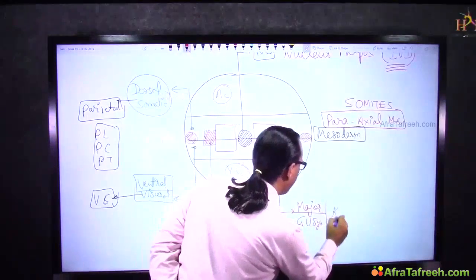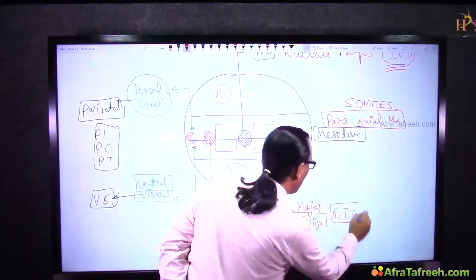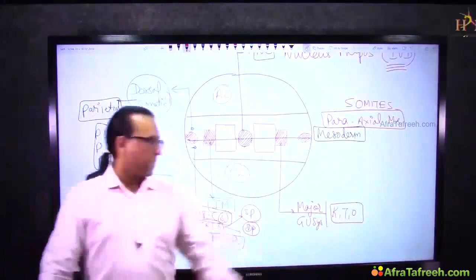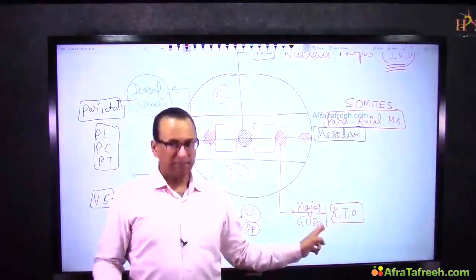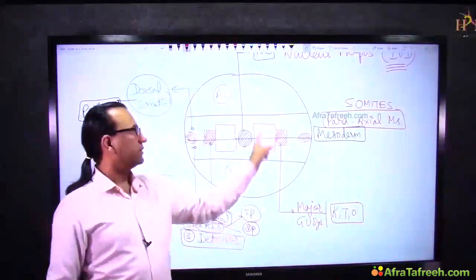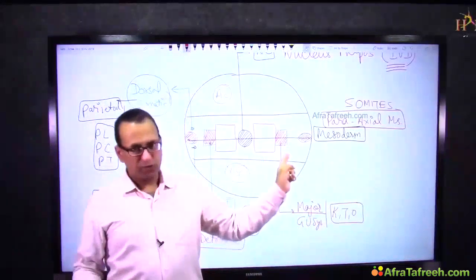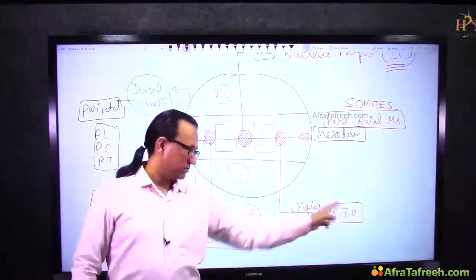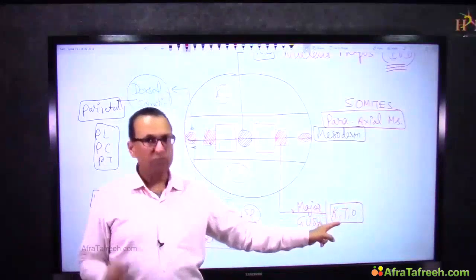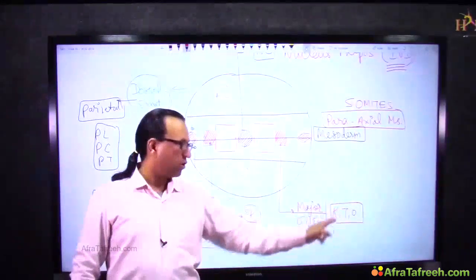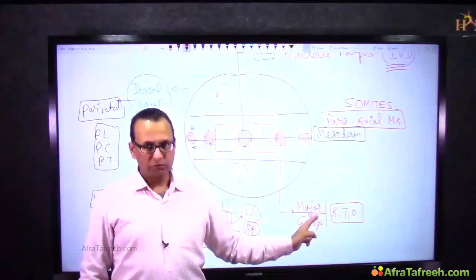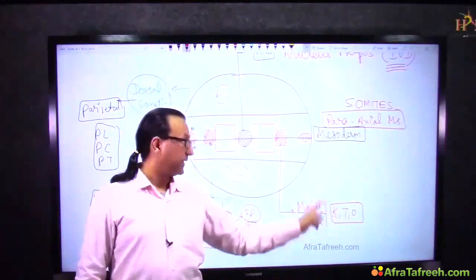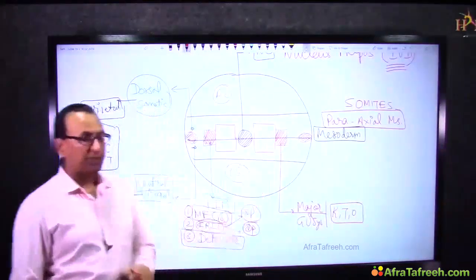And you can tell kidney, testis and the ovaries develop here. Intermediate mesoderm also forms smooth muscles here, like the smooth muscles of the urinary bladder or the smooth muscles of the genitourinary system.